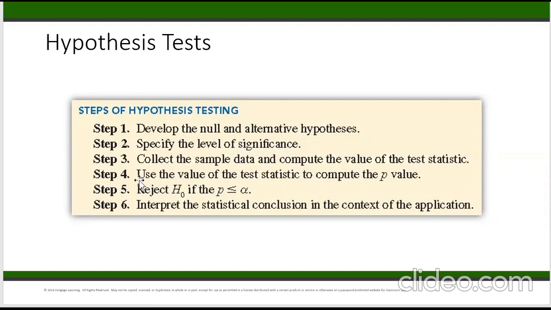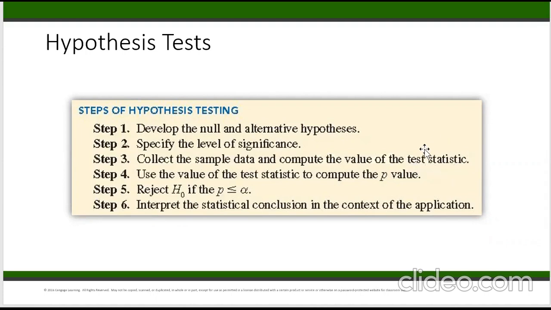The third step is to collect the sample, get the sample data and find a test statistic. This test statistic is dependent on the type of the test that you're performing.